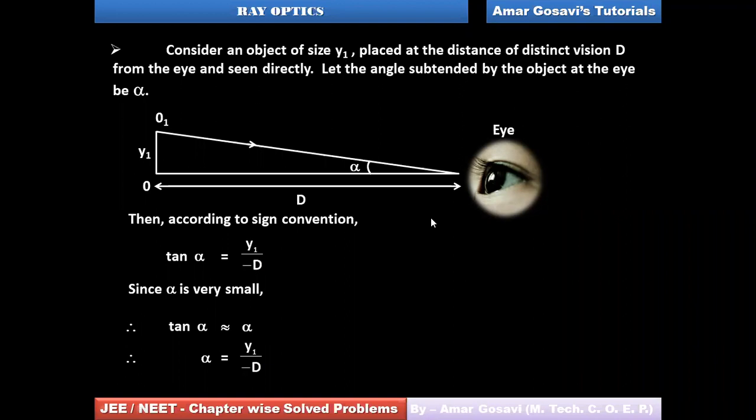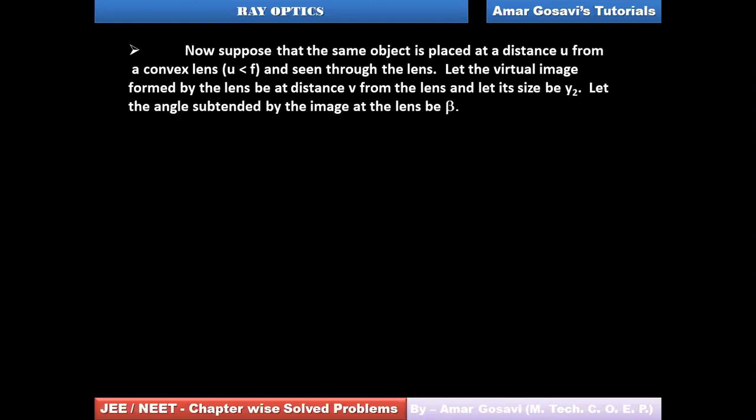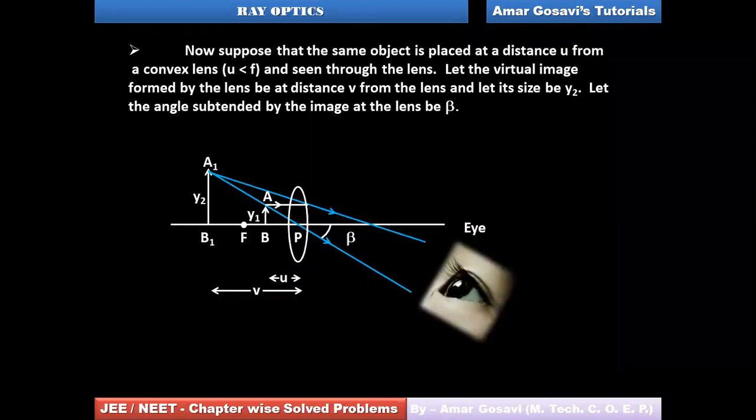We talked about the first angle, which is the angle made by the object with the eye. Now we need to work out the angle made by the image with the eye. Let's say the same object is placed at distance u, where u is less than f, and a virtual image is formed at distance v, and the size of that image is y2.